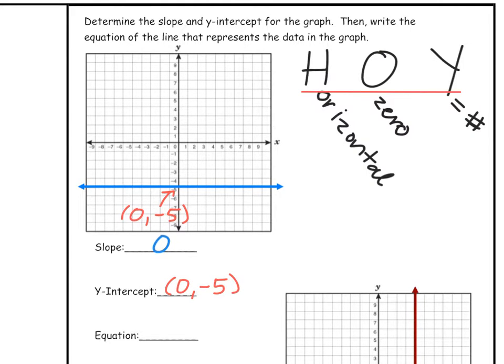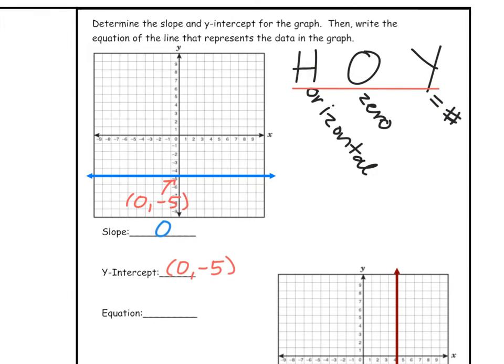Okay, but this is a special case. If you want to try and use y equals mx plus b, you can actually do that for this because we do have a number for slope. So if I wanted to write it out like we have been, it would be y equals 0x minus 5. That's correct. It's just kind of weird, right?